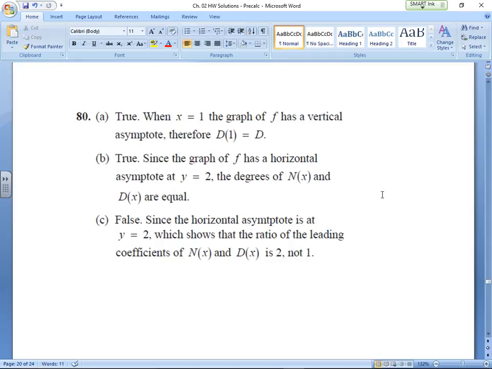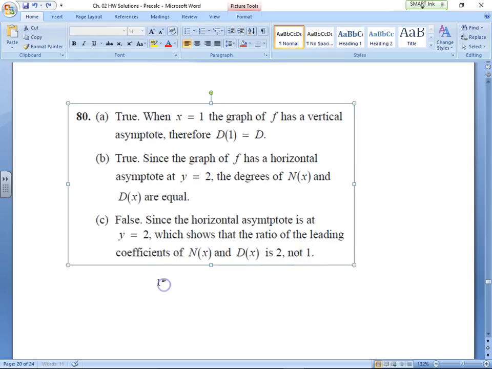But letter C, if the degrees are tied and the horizontal asymptote is 2, the ratio of the leading coefficients better be 2 and not 1. Remember, the ratio of the leading coefficients makes the horizontal asymptote, so they need to match. They said 1, nah, it's not at 1. It has to be at 2. That's what the graph shows.